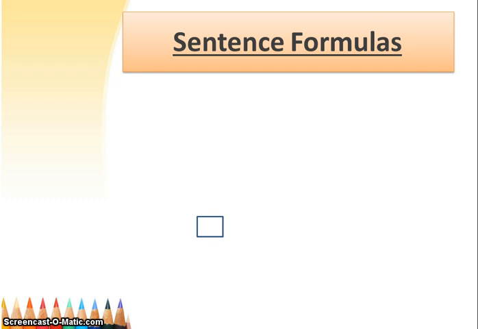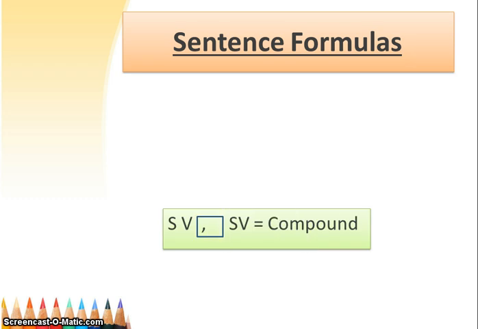And really, the only formula I had to learn was my compound formula. It's S meaning subject, V for verb. So subject, verb, and comma, and there you see, there's a box, and in that box you would put your conjunction. So subject, verb, comma, conjunction, subject, verb equals a compound sentence.